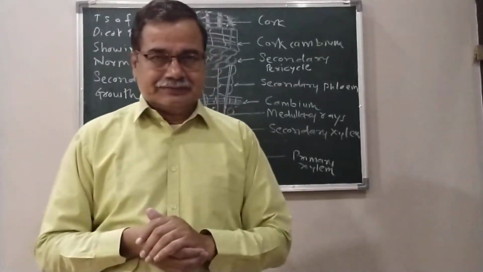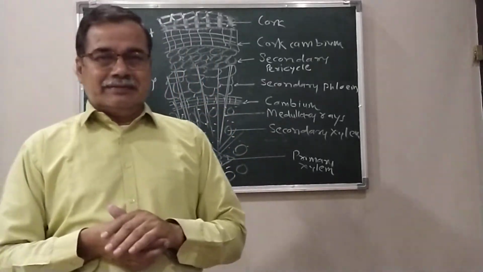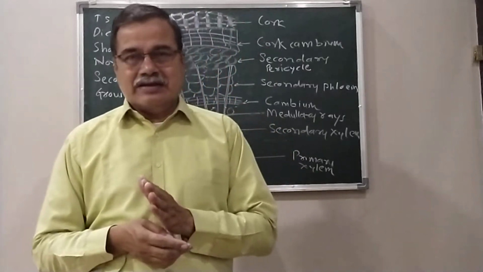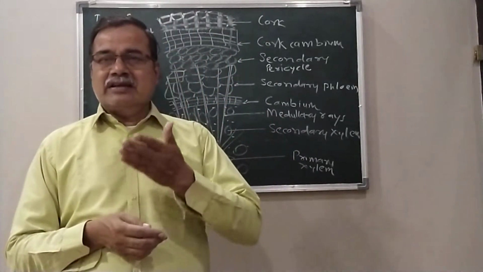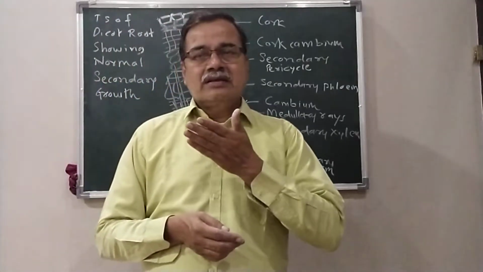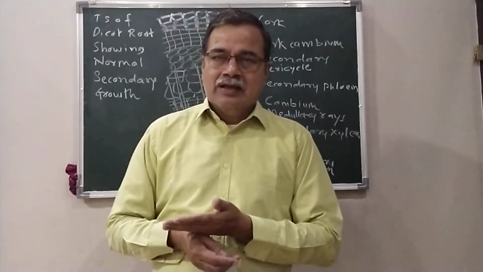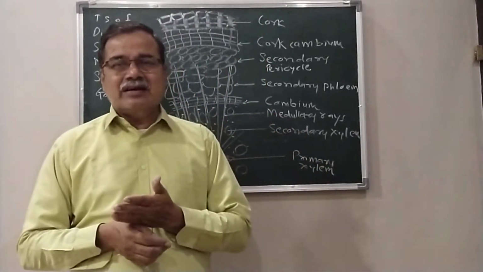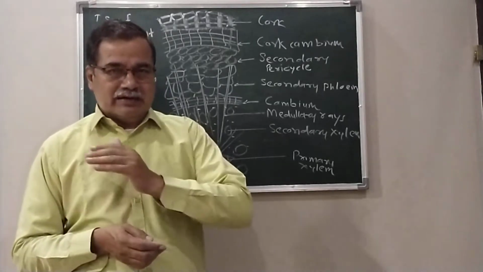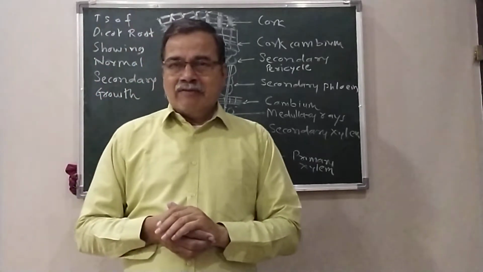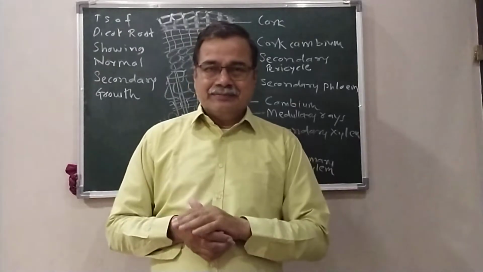Dicot root is a taproot system. This dicot root consists of the primary structure: epidermis, cortex, and stele. Here, the stele region consists of radial vascular bundles. In the radial vascular bundles, there is no cambium.